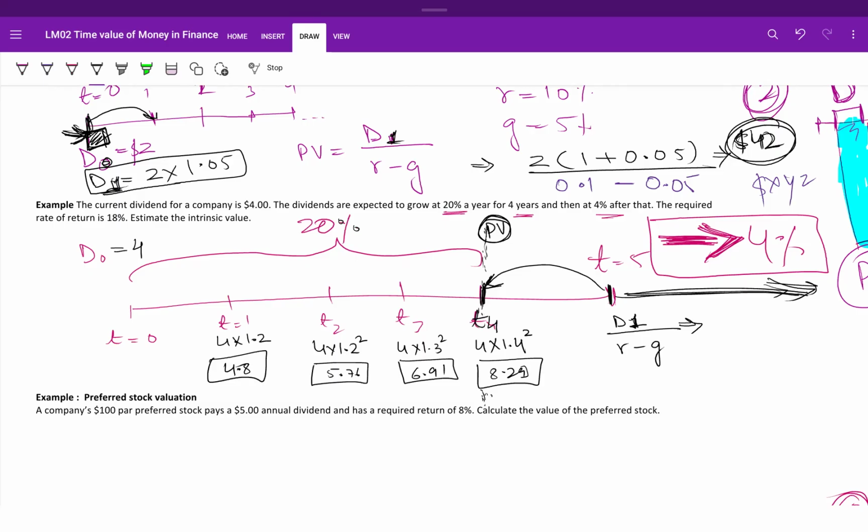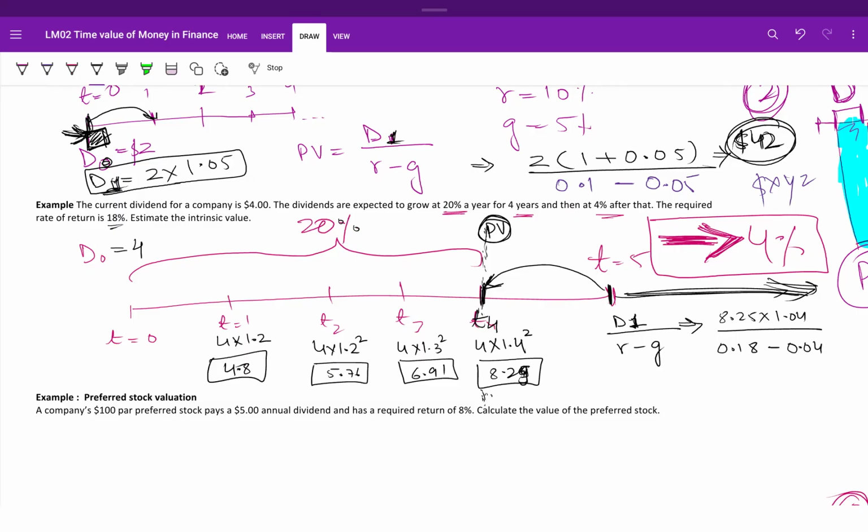How much will I pay if the company gave a dividend of 8.29 at this point at a growth rate of 4%? So dividend D1 is going to be D0, 8.29, into 1.04, divided by the rate, which is 18%, so 0.18, and I subtract 4% out of it, 0.04.